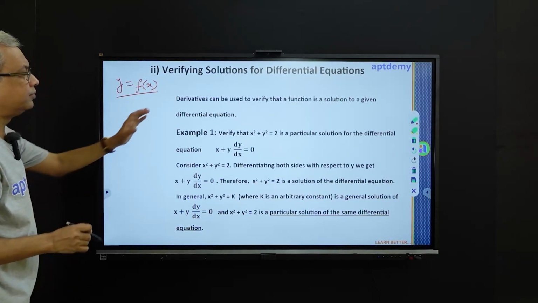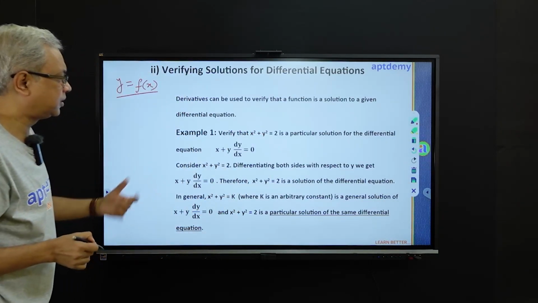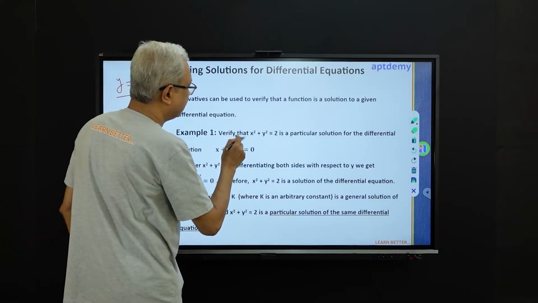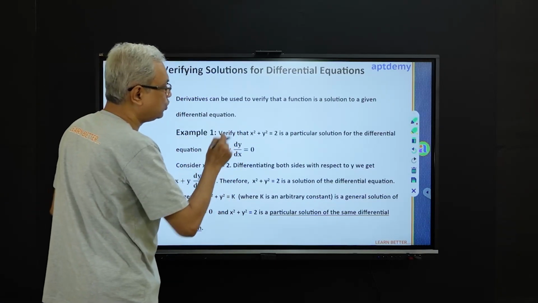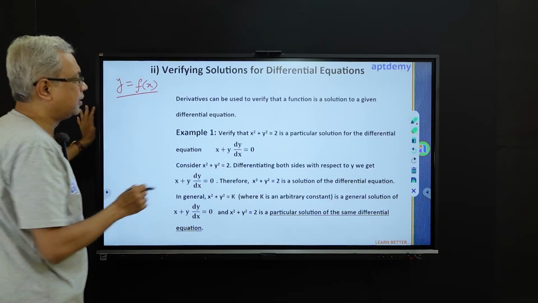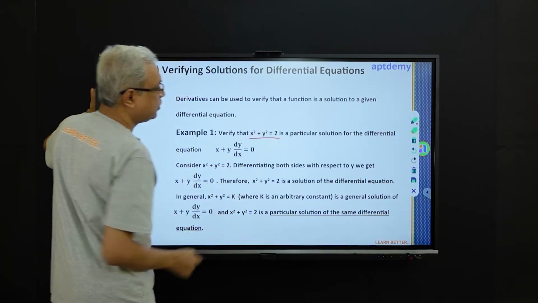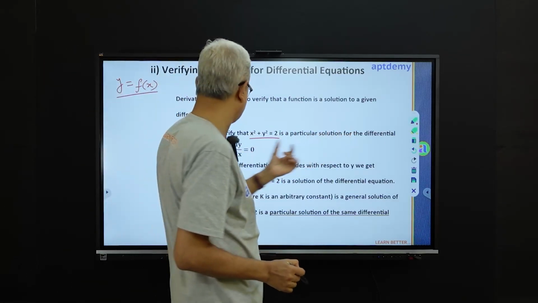Now, sometimes it is necessary to verify that some function is a solution for a differential equation. In this exercise, verify that x square plus y square equal to 2 is a particular solution for this differential equation.